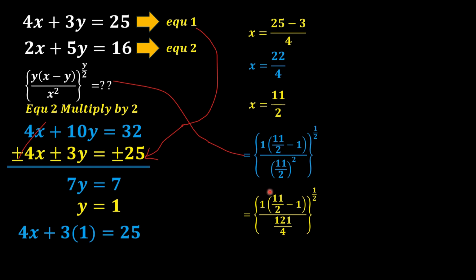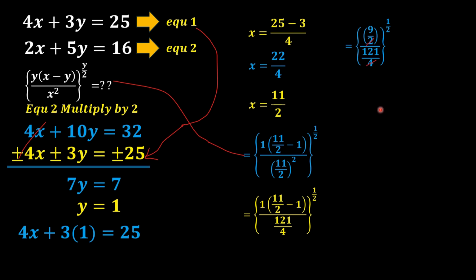Now in the next step, we should simplify this numerator. As a result, we get 9/2, and the denominator will remain the same, 121/4, and the overall power of half will remain the same. Now in the next step, this 2 and this 4 will cancel out together.